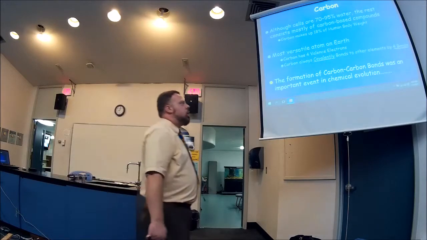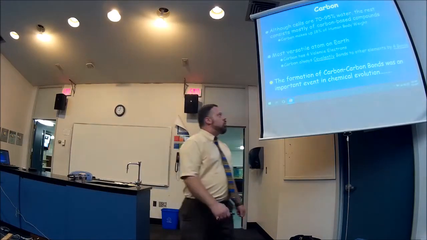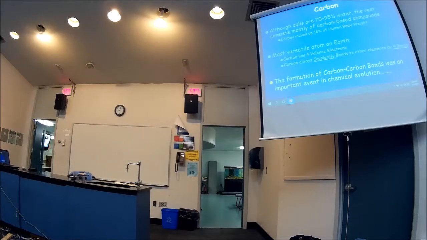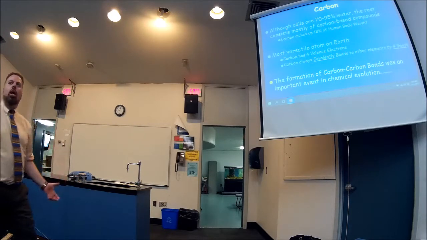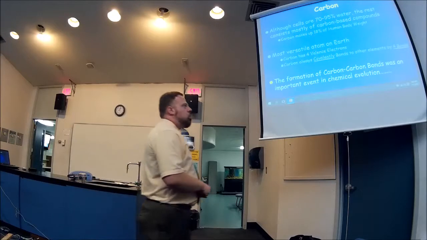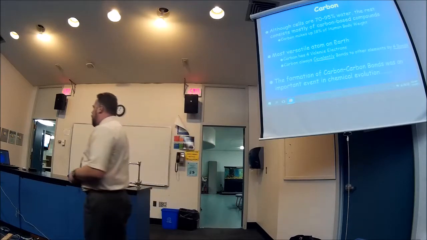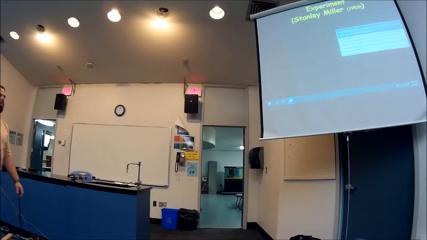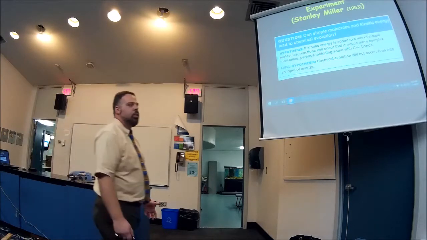So the formation of carbon-carbon bonds was an important discovery to realize that life came from simple things and became more complex. We're going back, we do a little history. There's this guy, Stanley Miller, back in 1953, and he proposed this hypothesis, this question.